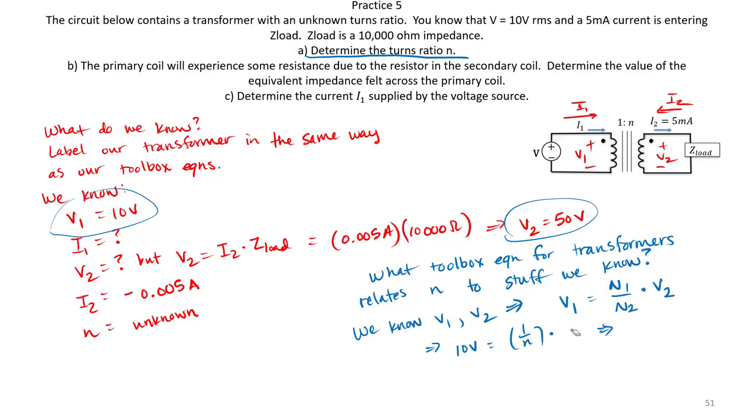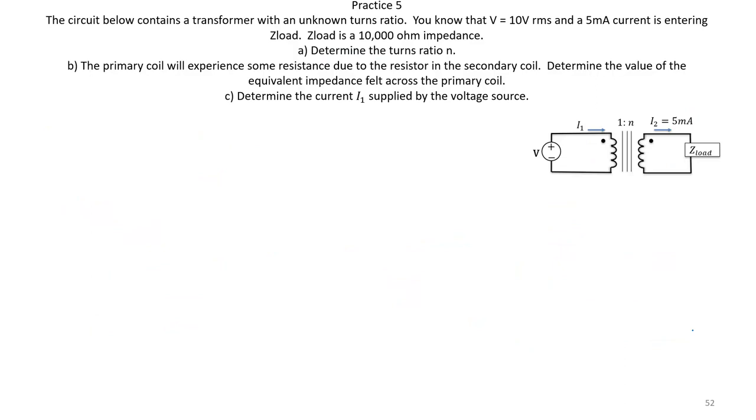And since V2 is 50 volts, we determine that our turns ratio N must be 5.